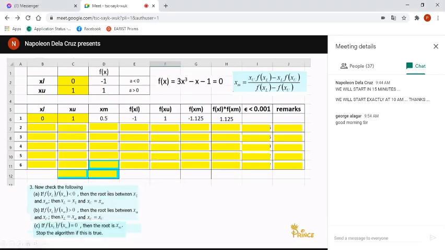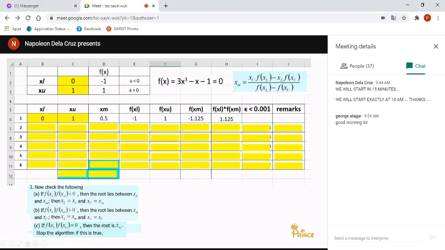Ulitin natin. If this is less than 0, therefore, XL is equal to the previous XL, and XU is equal to XM. Ayun lang naman yun. Hindi kayo maliligaw kapag tinignan nyo to.